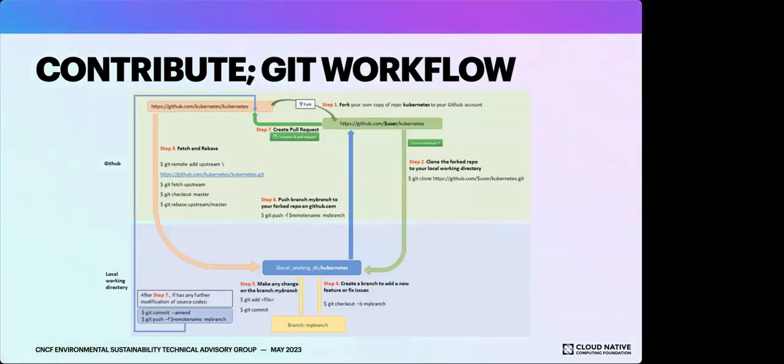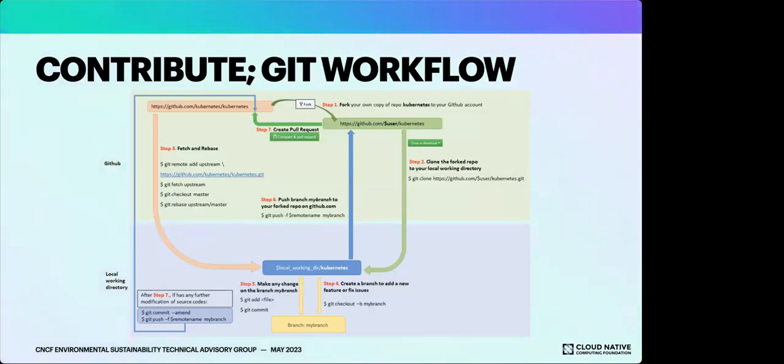Right. That's a screenshot from the Kubernetes documentation, but it's very generic. So this is the Git workflow, which you can follow. Probably most of you already know how to use Git. If you don't, I would just refer to the guide. And it's a process.